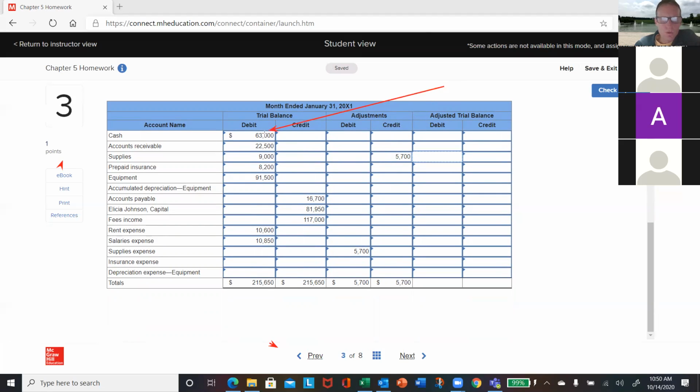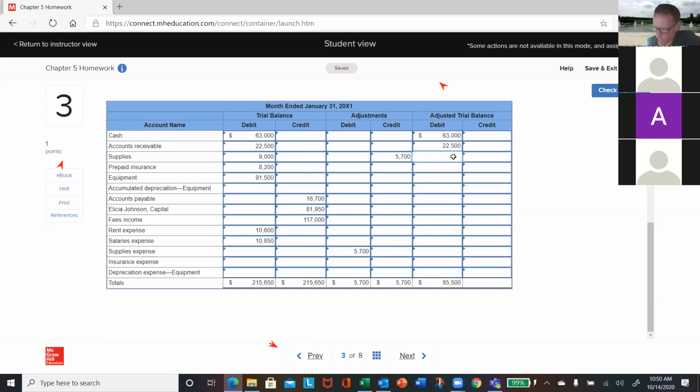At that point, you would take these same balances plus or minus anything we had to adjust and enter the new balance into the adjusted trial balance column. So cash, of course, would be 63,000. You'd have accounts receivable, 22.5. But when you got to supplies, you would have to take the 9,000 and subtract out the 5,700.